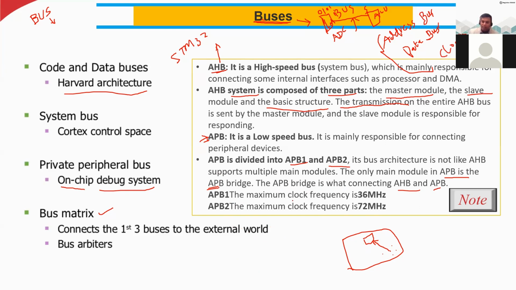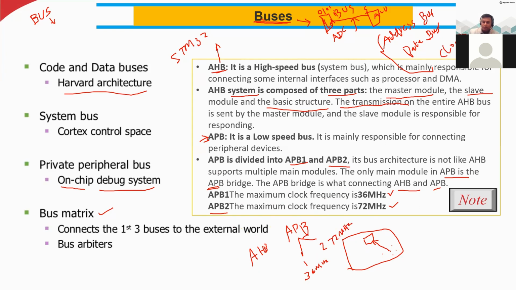For APB1, the maximum clock frequency is 36 megahertz. For APB2, the maximum clock speed is 72 megahertz. So that's all. We have AHB for high speed, and APB for low speed, and APB can be further classified into APB1 with 36 megahertz and APB2 with 72 megahertz.